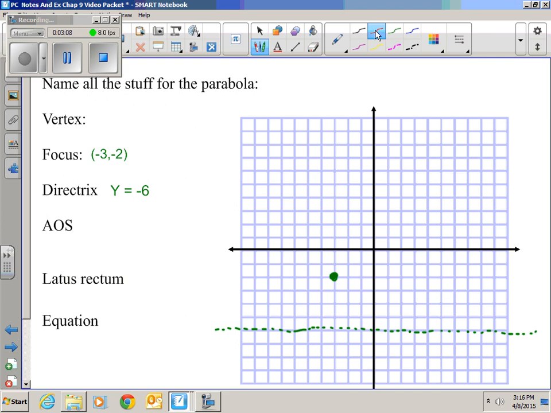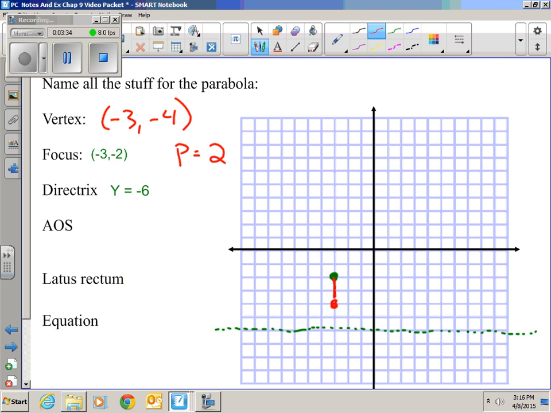My vertex is going to be halfway in between the focus and the directrix, so it is at the ordered pair -3, -4. Let's just make a mental note right now that P is equal to 2. Does everyone see that this distance right here, P, is equal to 2?